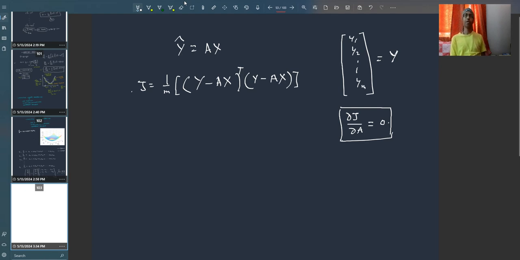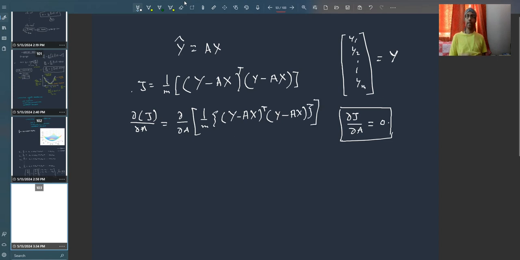So let us first differentiate it with del A. Del A of J is equal to del A of this entire expression, friends. 1 by m, we put a second bracket this time. Y minus ax transposed multiplied by y minus ax. This is what we have.